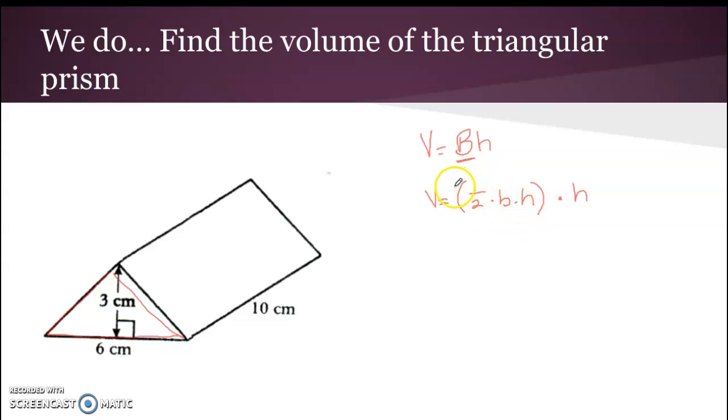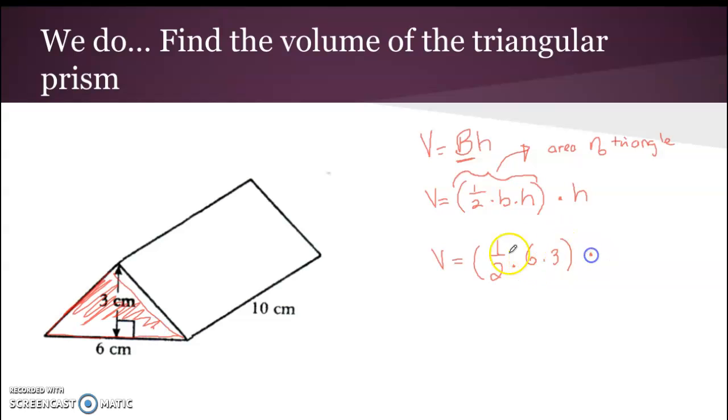Now here, remember this guy, and I'm going to make a note, it's the area of the triangle, because that's the base. It's a triangular prism. So volume is equal to half the base, and I'm looking back at this shape here, this triangle base is 6, the height is 3, and then the height of the entire prism, which is this squiggly line piece, is 10.